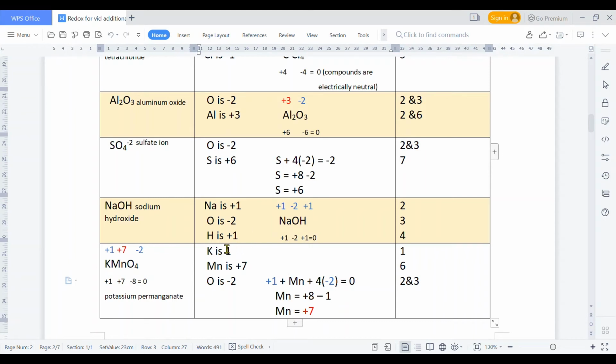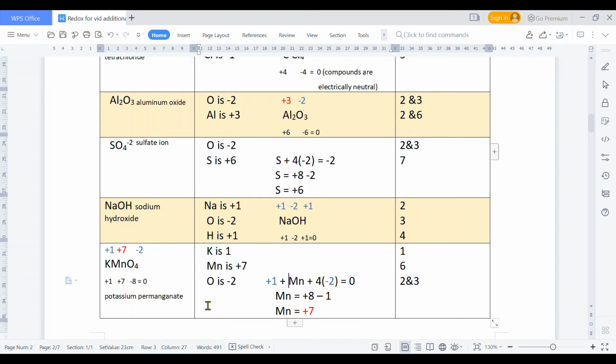And H is also assigned in rule number 4 an oxidation state of +1. So we'll just have to write it here. Sodium is +1, hydrogen is +1, oxygen is -2. We'll see if it is balanced. +1 and +1 is +2, and this is -2. If we add it, it will become 0.